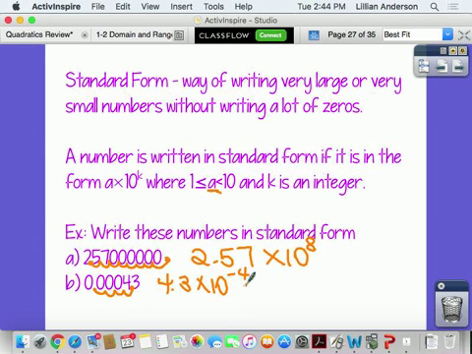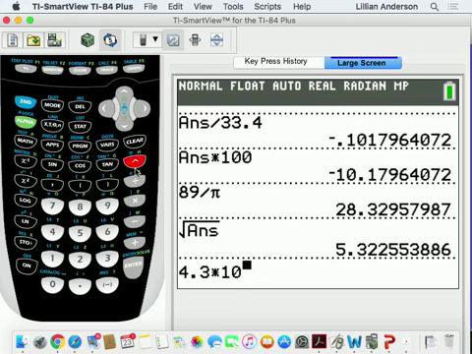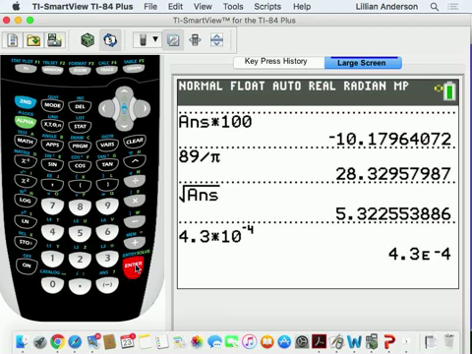That E represents a base of 10 with an exponent of whatever. So if you wanted to check this, well, 4.3 times 10 to the negative 4 is going to pop up like this. That E means scientific notation, okay? So that means you just got to move the decimal place 4 spots to the left, and then you have the same decimal.